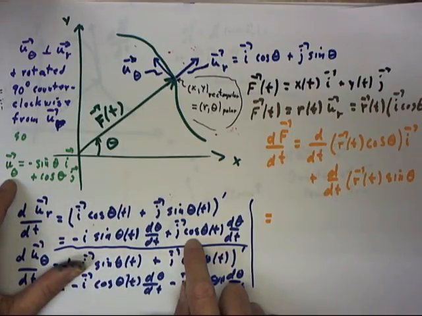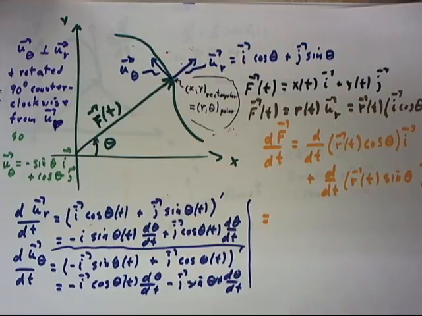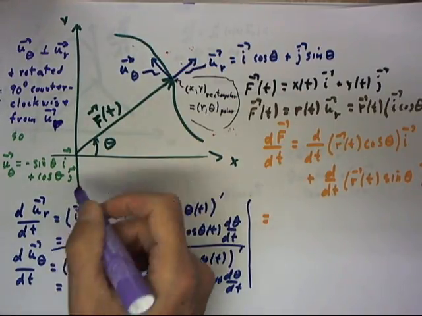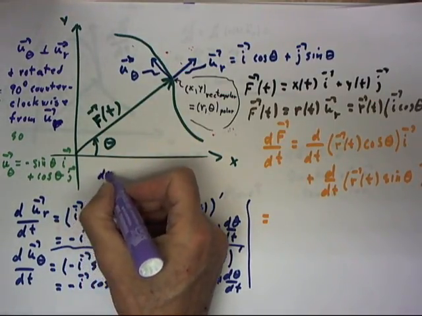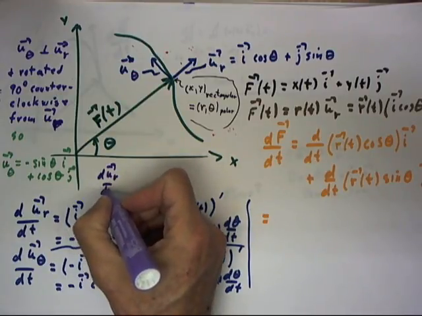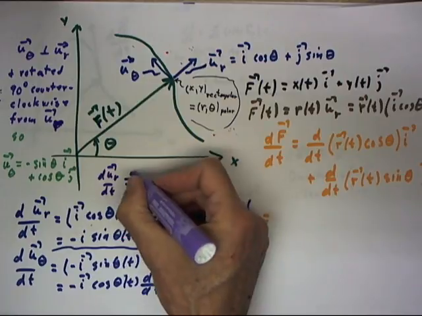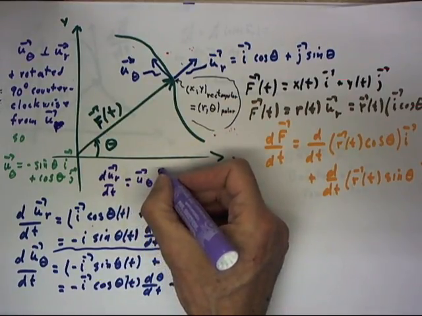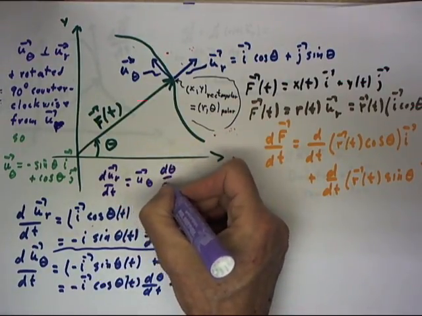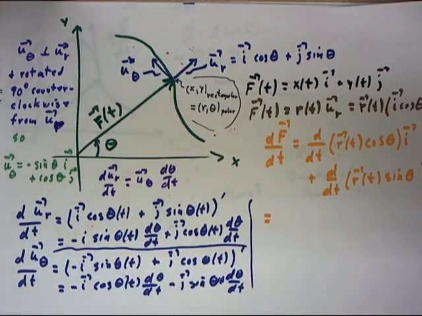Well, that's the same as u_theta, so that we see that du_r dt equals u_theta times d theta dt.